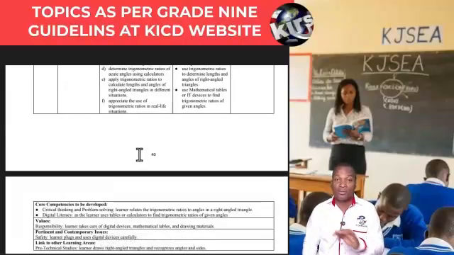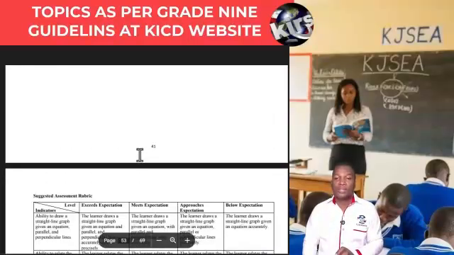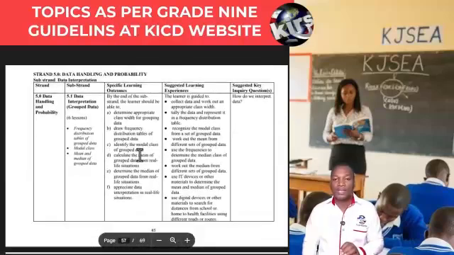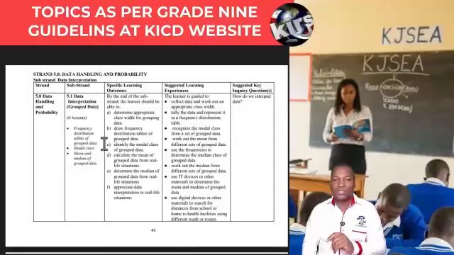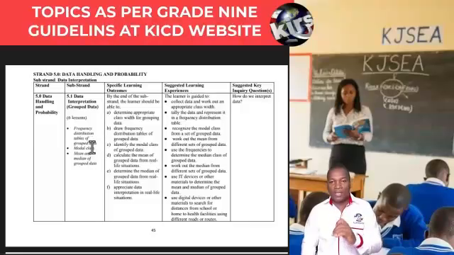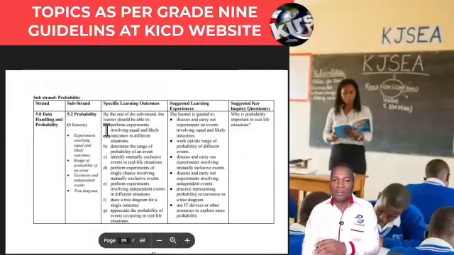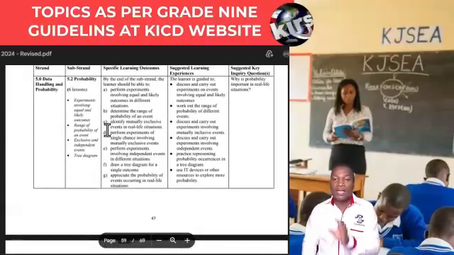So it's not just about mentioning them, there is also the application part of it. Then, parents, we have the other part which is data handling, where the concept of probability comes in, whereby you deal with grouped data. And then from there, we look at probability.